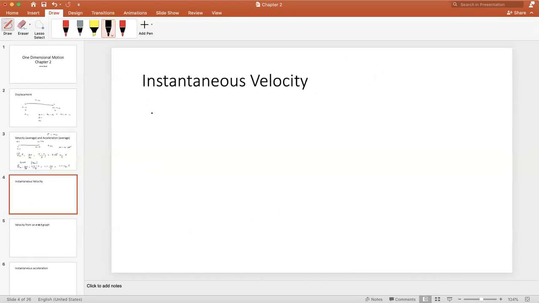Secondly, we really don't care about average velocities. That's because if you jogged around your block, you might tell me how fast you went on average, that you went 3 miles in a half an hour. So you went 6 miles per hour.